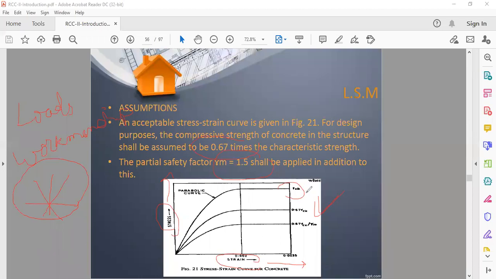So if you consider M15 grade of concrete, you will have 15 as your fck, but while designing you first apply the 0.67 factor and then the partial safety factor of 1.5, and definitely that makes a difference. So that is how it is.